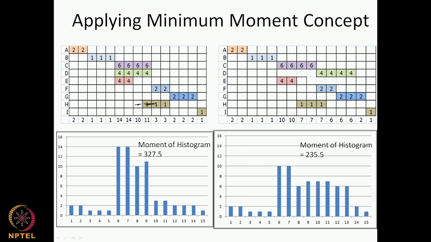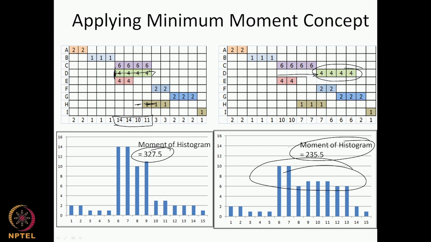If you look at the histogram, you can see that if I calculated the moment of this histogram for activity D starting from here to here, which is loading this set of days, the moment is 327.5. Now what we have done here is shift D all the way here, and you can see the resource profile changes and the moment of the whole histogram has reduced.